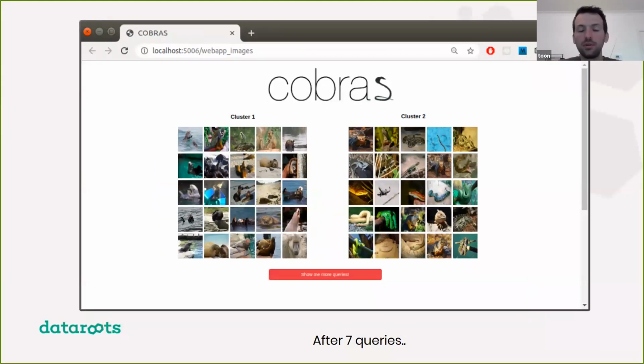And now if we do this with COBRAS, if we answer again 7 pairwise queries, we see that we can very easily get here on the left a cluster that only contains mammals, and on the right a cluster that only contains reptiles. So both clusterings are very easy to obtain with this interactive clustering process.